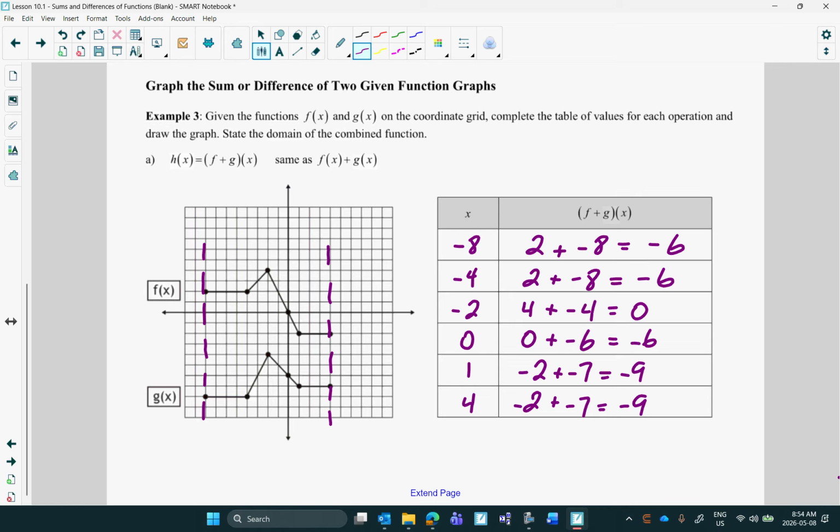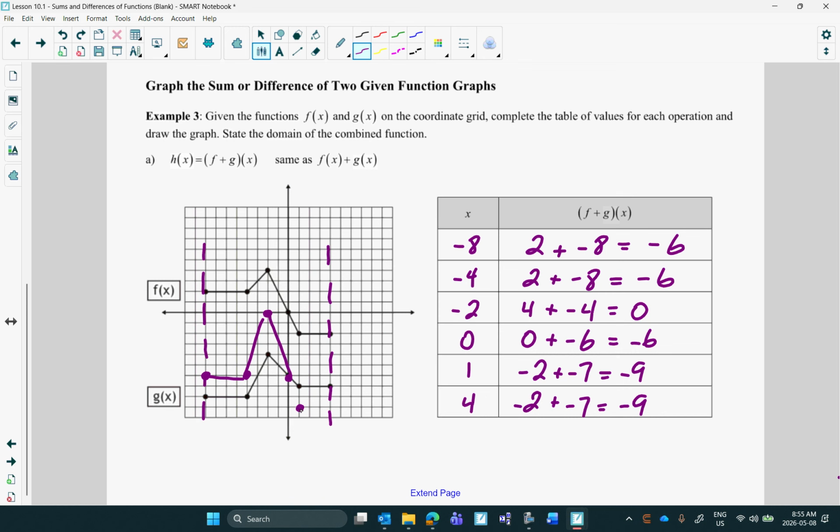Okay, so we're going to have -8, -6. So -8, -6 would be there. -4, -6. And then I'm going to connect as I go. -2, 0. 0, -6. 1, -9.